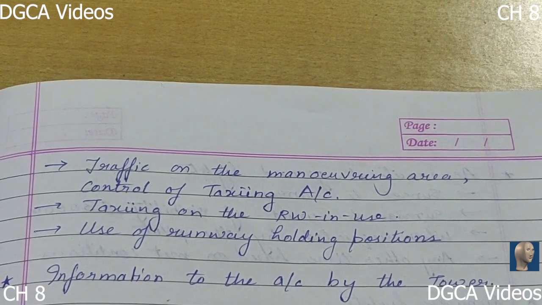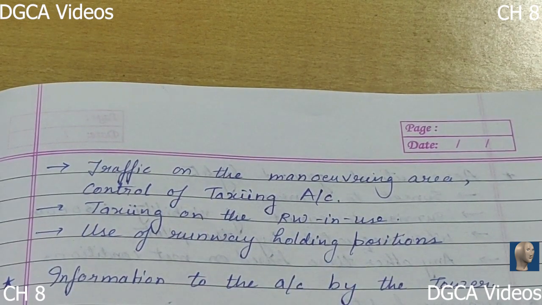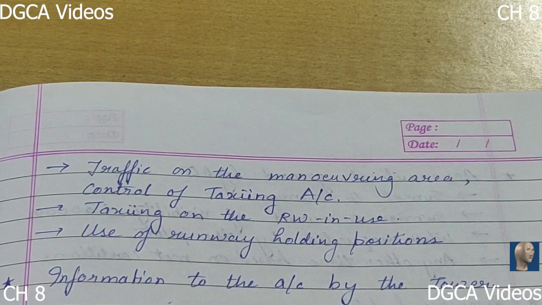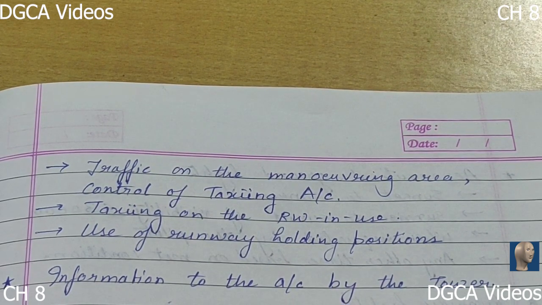Then the runway holding position. This is where you have to wait before you can start your runway departure process and take off. So before that you have to hold in the position. If you are instructed, if there is any flight which is going to land in that area, you have to stand in the holding area.